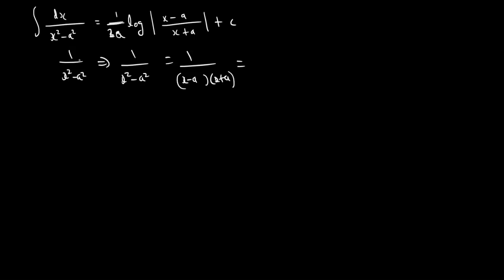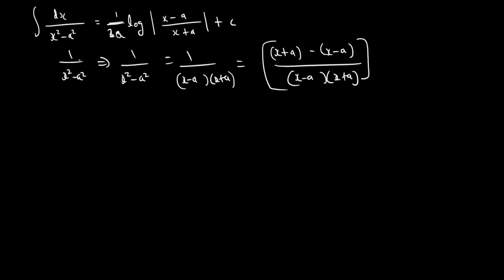This can be further reduced to some simpler expression if you put in the numerator x plus a minus x minus a, by x minus a into x plus a. But here we will get 2a, but actually the numerator is 1. So we have to divide this term by 2a.